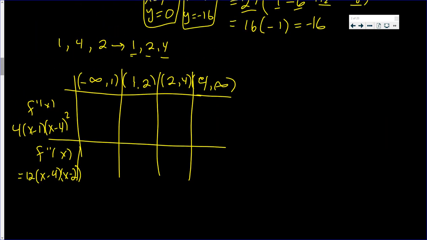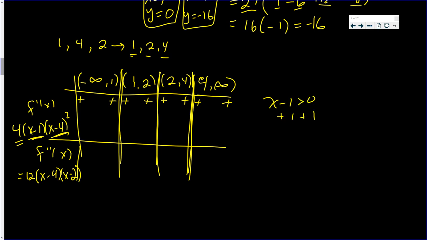Now, notice that x is never 4. It's never 1, it's never 2, and it's never 4. So this is always positive. And 4 is always positive. It's the middle term that changes. When is x minus 1 positive? Well, add 1 and you find out. That's when x is bigger than 1.